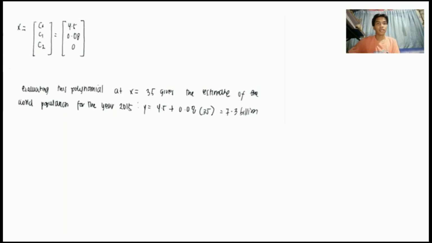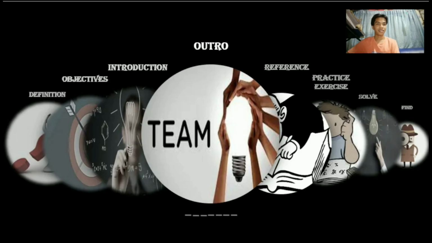Evaluating this polynomial at x equal to 35 gives the estimate of world population for the year 2015. It would be y equals 4.5 plus 0.08 times 35, which is equal to 7.3 billion. That's all.